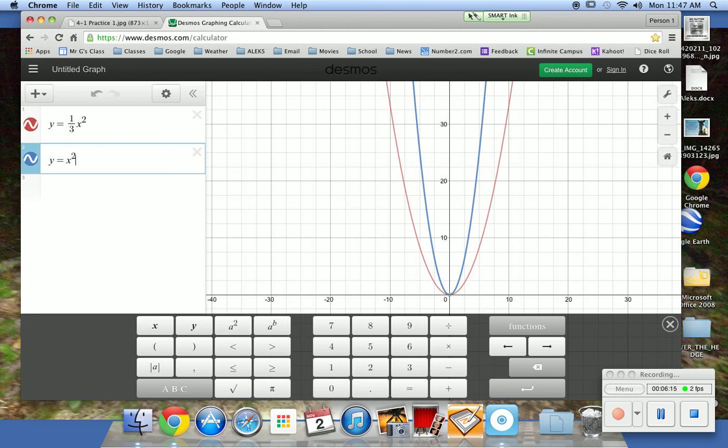And we'll put another one. We'll put 3 in there. Y equals 3 times x squared. So you see what happens. As you get fractions, it gets wider. As you get whole numbers for coefficients, it starts getting narrower.